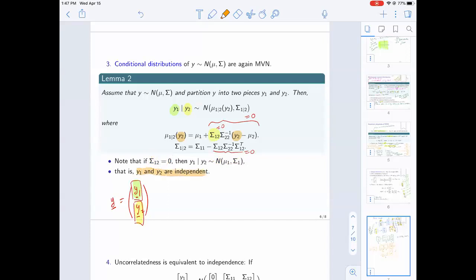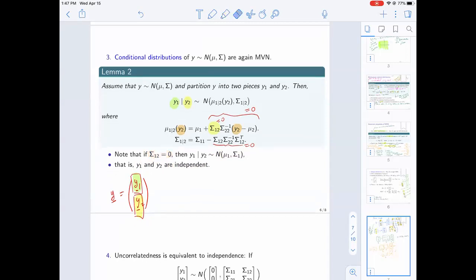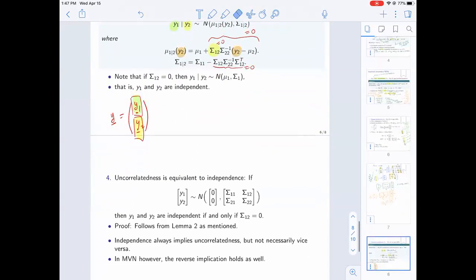That's one characterization of independence. So sigma 1,2 being 0 means Y1 and Y2 are uncorrelated, and this result says that in that case, they're independent. This does not happen generally, but in the multivariate normal family, uncorrelatedness is equivalent to independence.